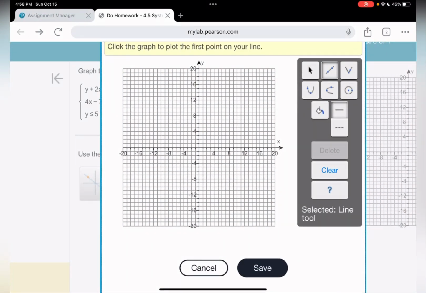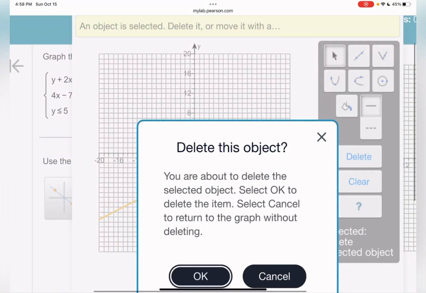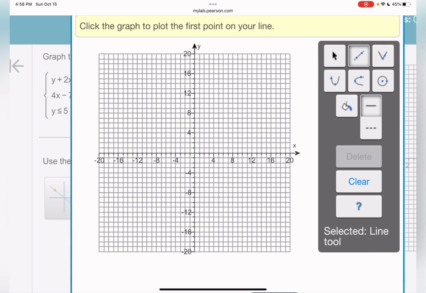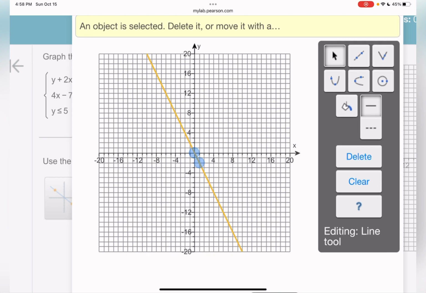So I'm starting with 0. Let me make it bigger. Okay, taking 0, and then going down by 2, -2, and 1. There we go. This is my first one.